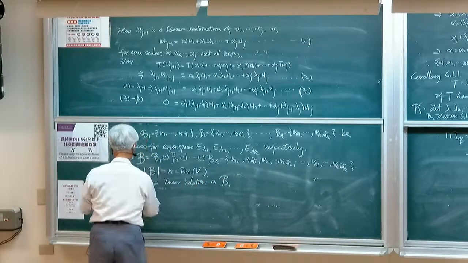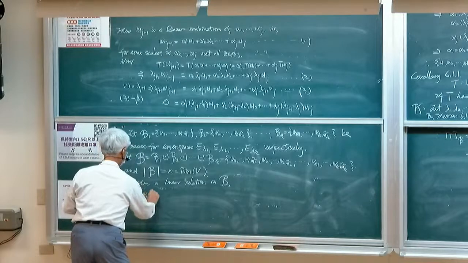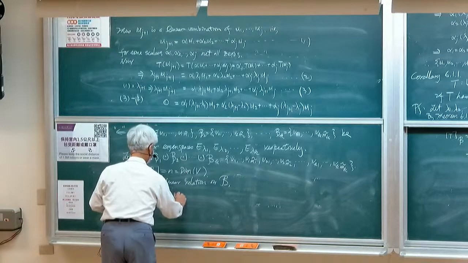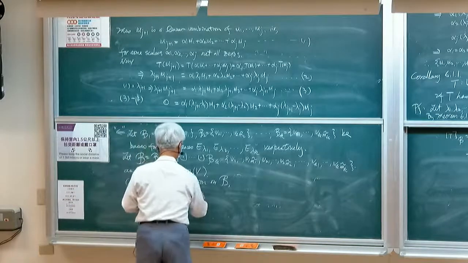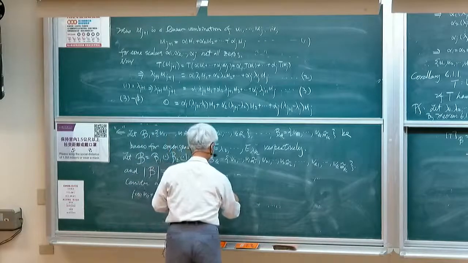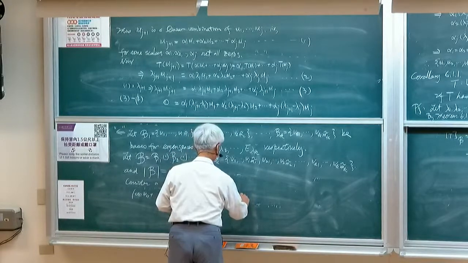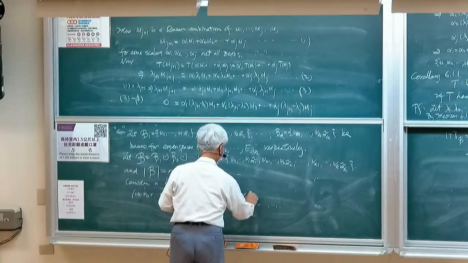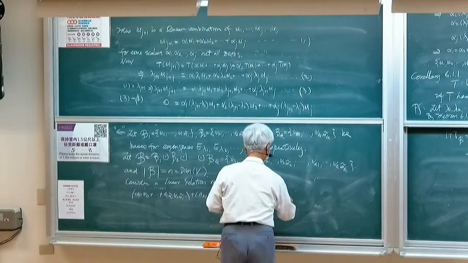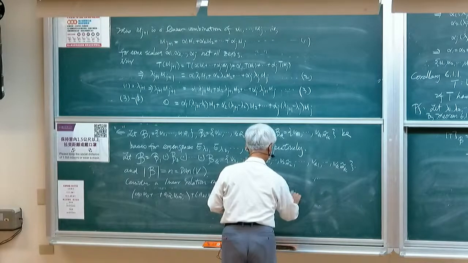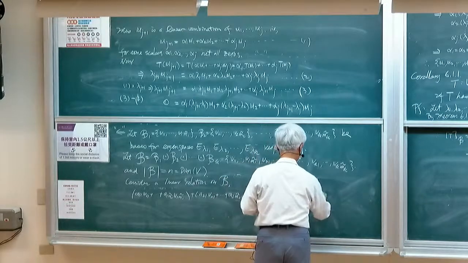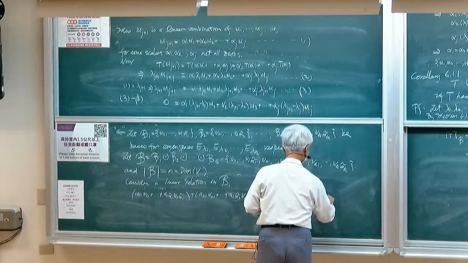We have A11 V11 plus up to A1 M1 tilde V1 M1 tilde, plus A21 V21 plus up to A2 M2 tilde V2 M2 tilde, plus up to AK1 VK1 plus up to AK MK tilde VK MK tilde.